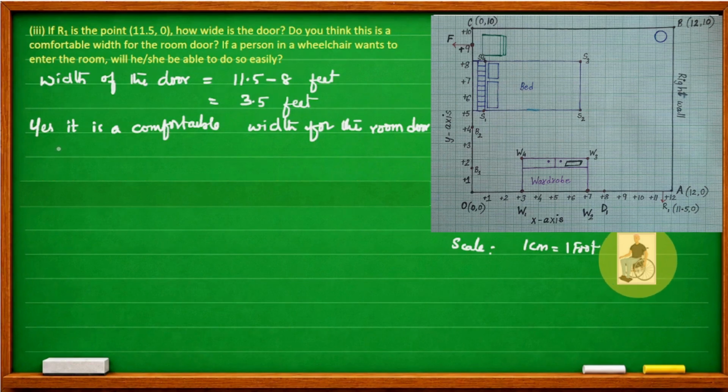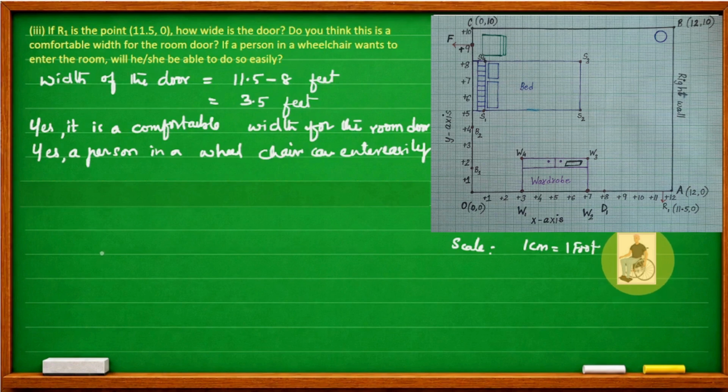So a person in a wheelchair can also enter easily. In this question they have asked about the comfortable width, and whether a person in a wheelchair can enter easily. Such questions are there in the new Ganita Manjari book. You must know the approximate wheelchair width and the approximate door width, right?